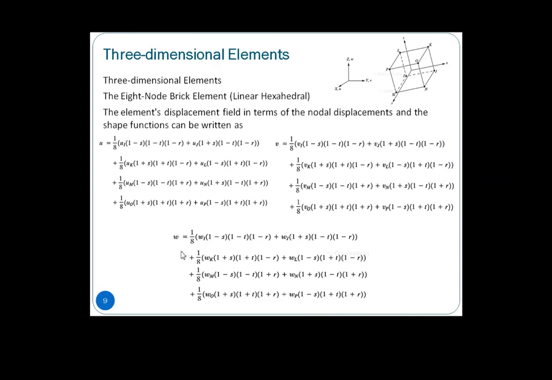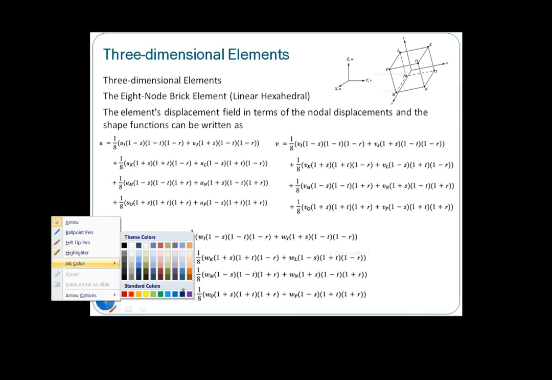The following is a linear hexahedral. A linear hexahedral has 8 nodes, so of course you have 8 shape functions.